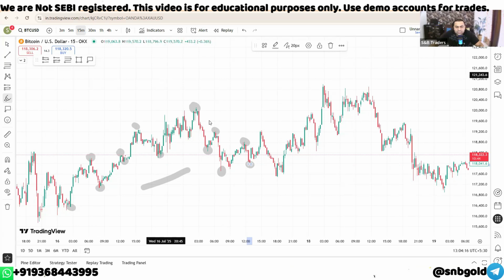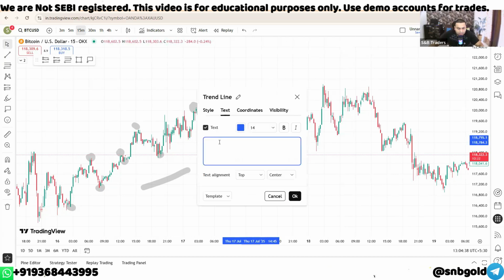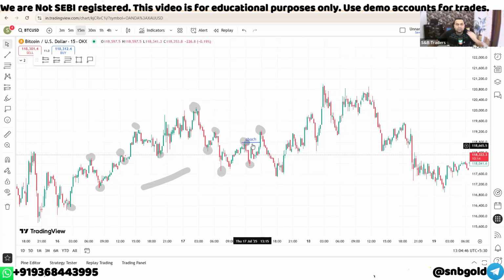How do we get a break of structure? When the price, which was making lower lows and lower highs, has now given us a higher high. So it means there has been a change of character. What does change of character mean?